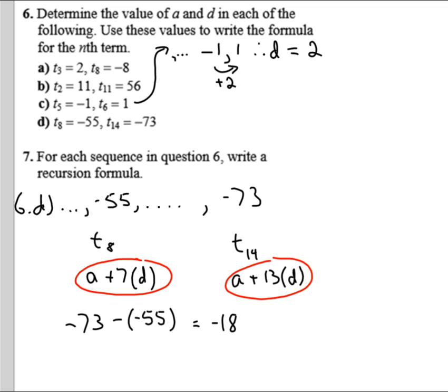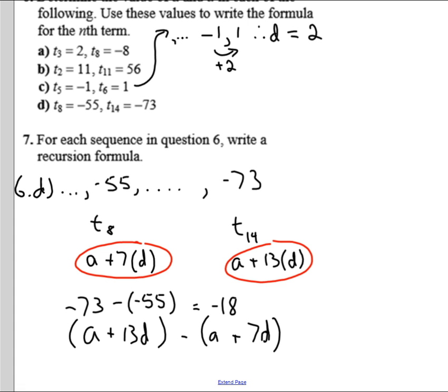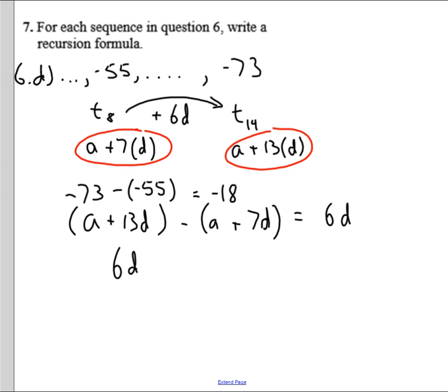If we write that as a plus 13 d's subtract a plus 7 d's, they both contain the first term, only a different multiple of the common difference. We get a subtract a is no a's. 13d subtract 7d gives us 6 common differences, and that's what separates the 8th and the 14th term. So if 6 common differences is equal to negative 18, then one common difference would be equal to negative 3.